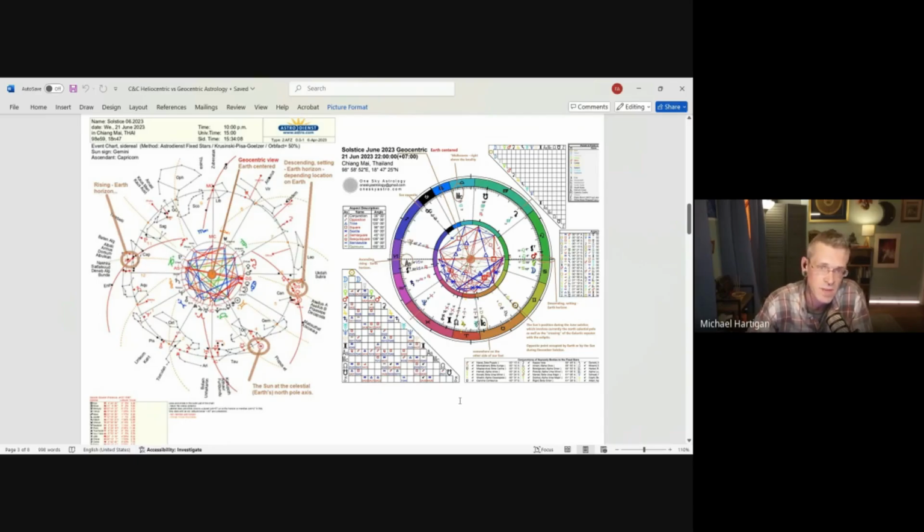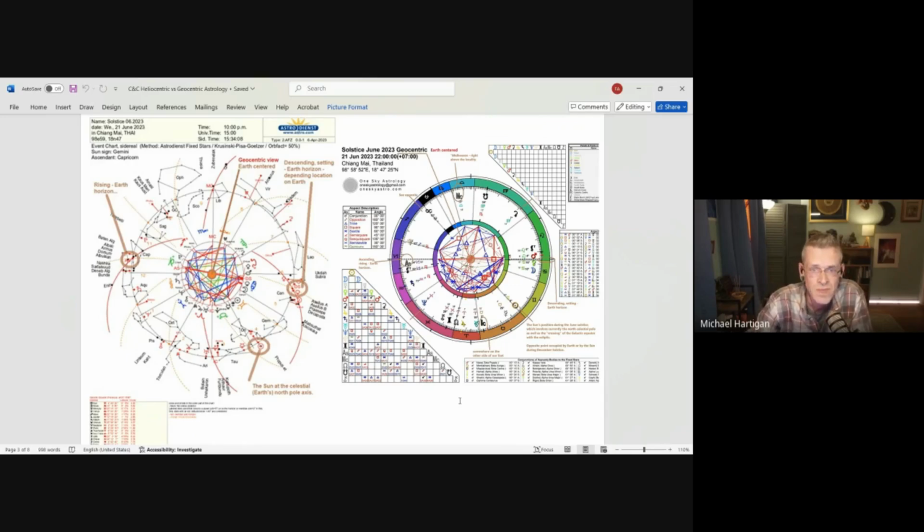Most people with the MC and IC define the 10th and 4th house, and the ascendant and descendant define the 1st and 7th house, and I don't. I use the whole sign house system because it's the original house system. It's how ancient people first discovered and realized that house systems mattered at all. I still think it's the most universally applicable house system; I've tried them all at various times in my journey. So when you see the inner wheel, it's matching the outer wheel, and that's the way I look at houses.